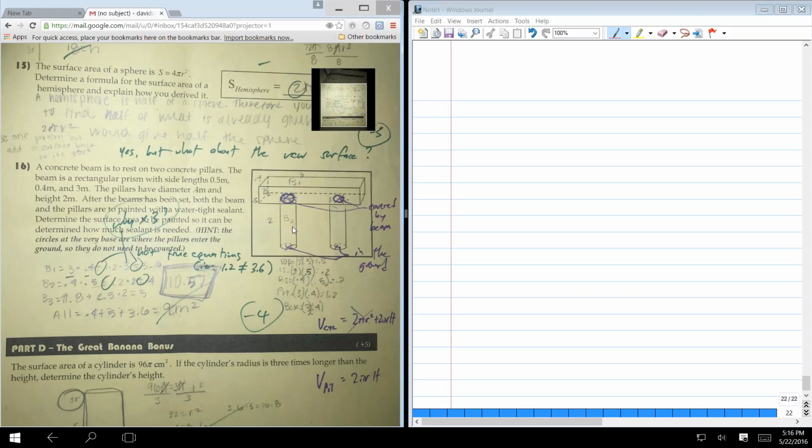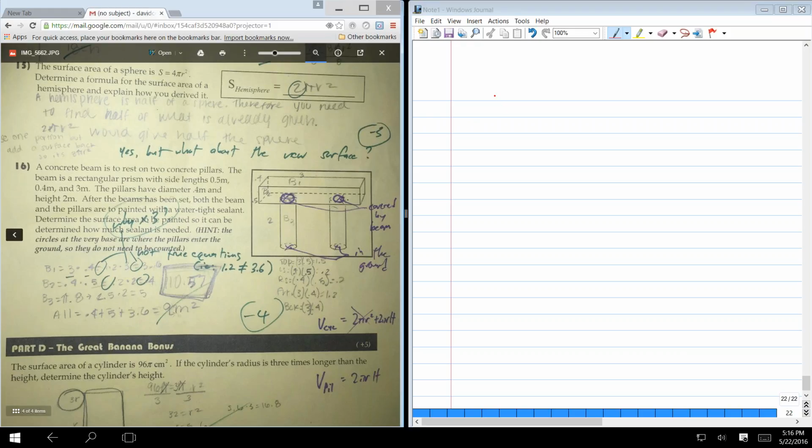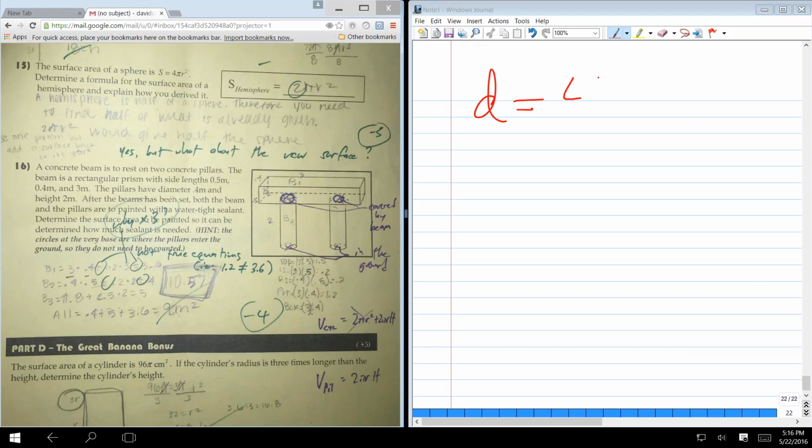So the only thing we need is the surface area of each of these. One has a diameter of 4 and a height of 2. Both of them. So the diameter is 4 and the height is 2. So what's the surface area of one of them?